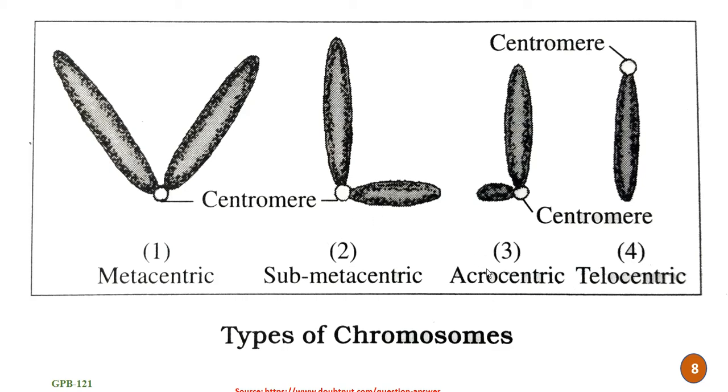The acrocentric has the centromere near to one end and gives the L shape, and the last one, the telocentric, means the centromere is at the end, which gives a rod shape. So these are the various shapes of the chromosomes during the anaphase due to the different types of chromosomes.